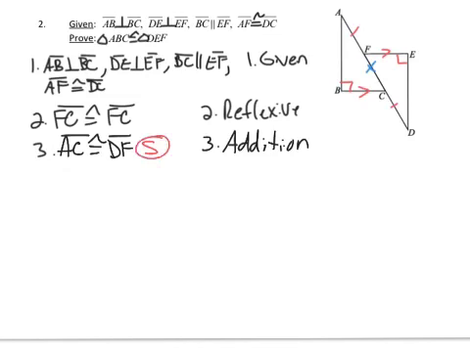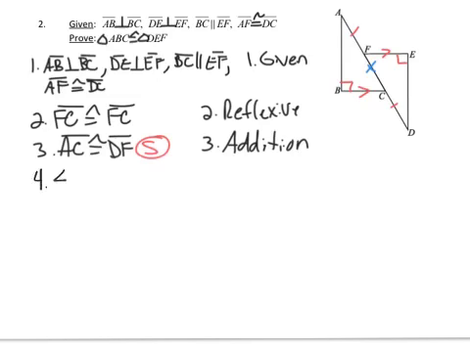All right, so what else we have? We have right angles. Now, if you look at this, some kids try to do hypotenuse leg, and yes, we do have the hypotenuse, but we don't have any congruent information about the legs, so we can't go that route. So instead of trying to claim right triangles, we are going to say that these angles are congruent.